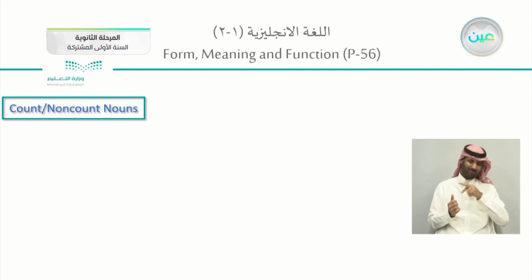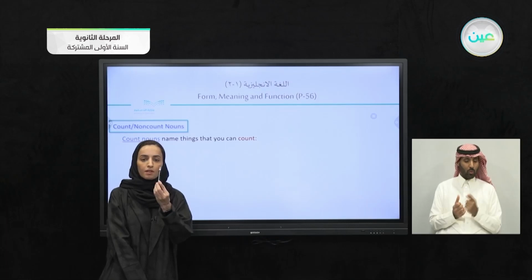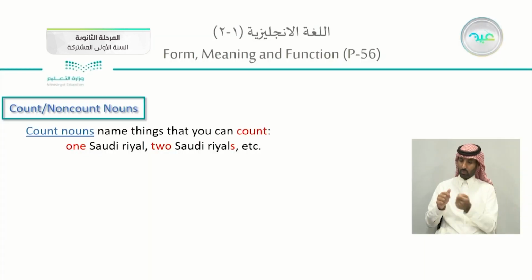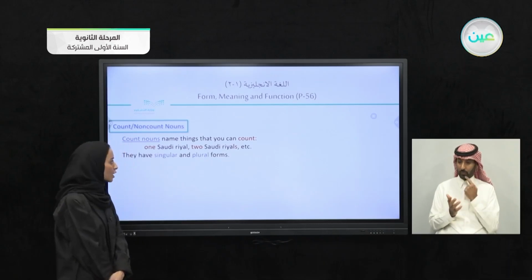In your books, page 56. Count nouns name things that you can count. I can say one. This is one pen, or this is one board. So 1 Saudi riyal, 2 Saudi riyals. I can tell 1 or 2. I can hold it. They have singular and plural.